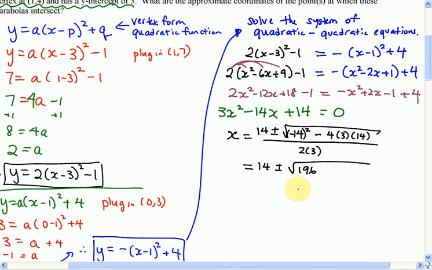What's 12 times 14? 168? Okay. What's 196 minus 168? 28? Is it 28? Okay, yeah.